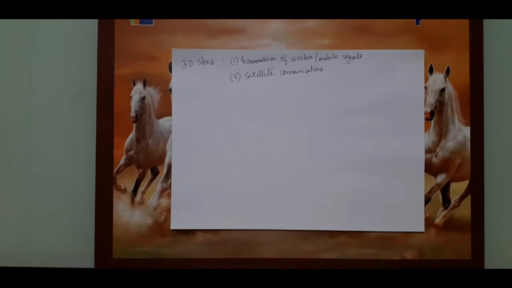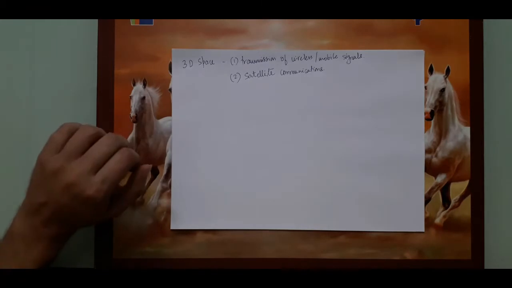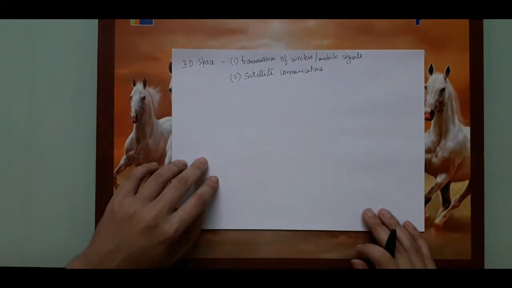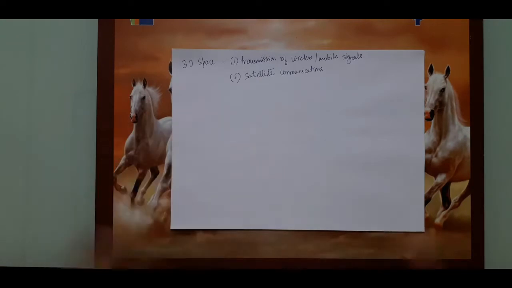Now, the immediate difference we can see between transmission line versus 3D space is that there is no concept of a boundary in a 3D space. That means when I am making a call from my mobile phone, the wave does not see any boundaries.